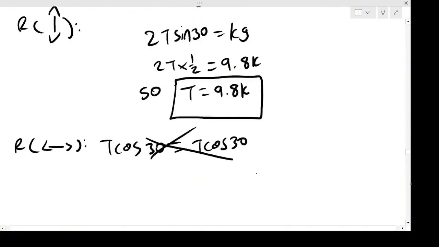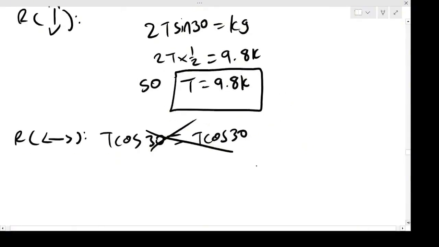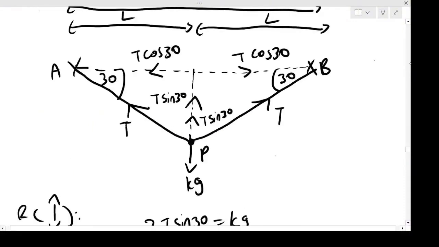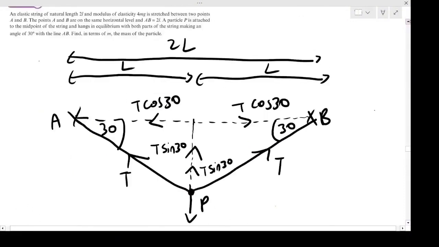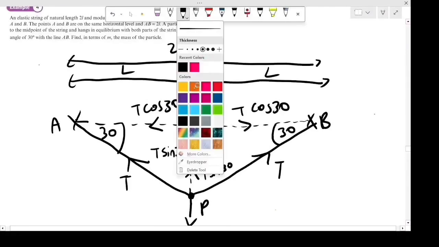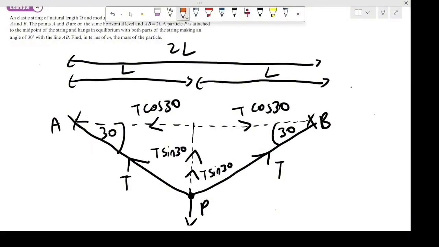So the only thing I do know really is T, the tension, is 9.8k. Okay, so if I have a tension, then it might be a good idea to use Hooke's law, right? T is lambda x over L. Now, where am I exactly going to use this Hooke's law? Okay, well, what's happening here is, again, I have these two half strings together, right?